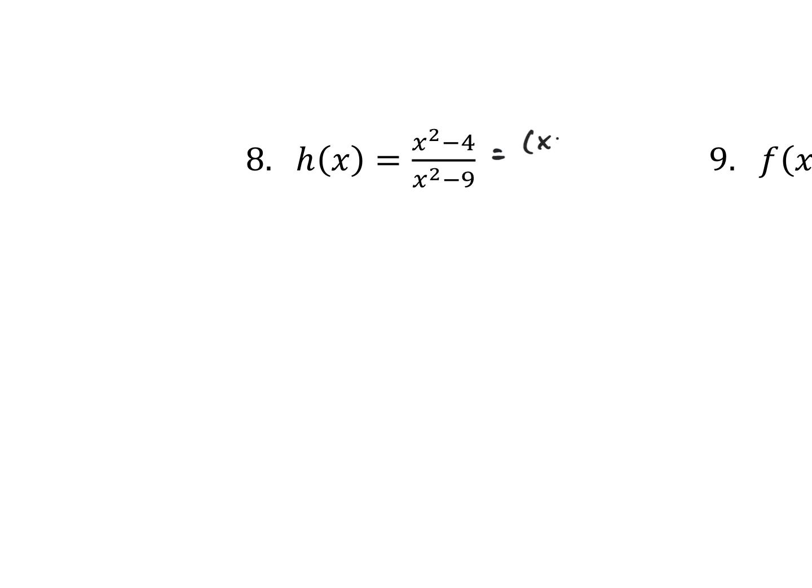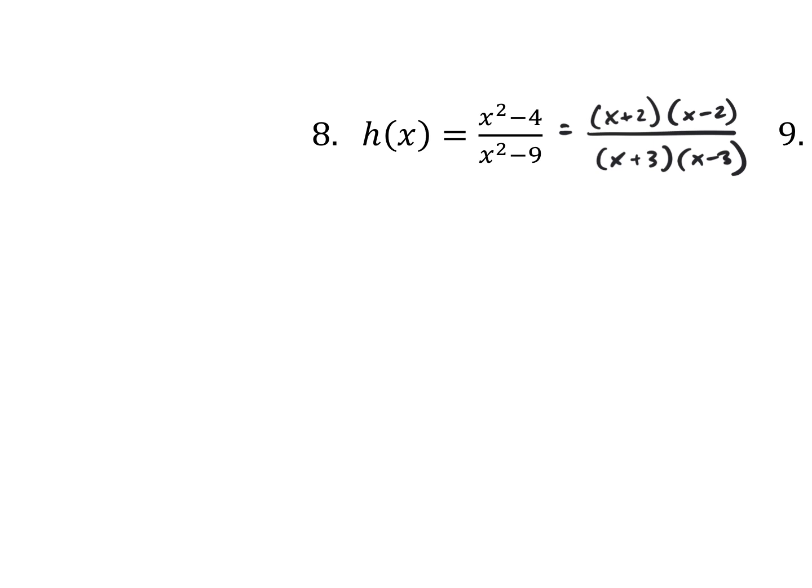The numerator factors into x plus 2, x minus 2, and our denominator would be x plus 3, x minus 3. Do we have any common factors? Nope. So no holes. So let's find our domain, our vertical asymptote, horizontal asymptote, and the x-intercepts.